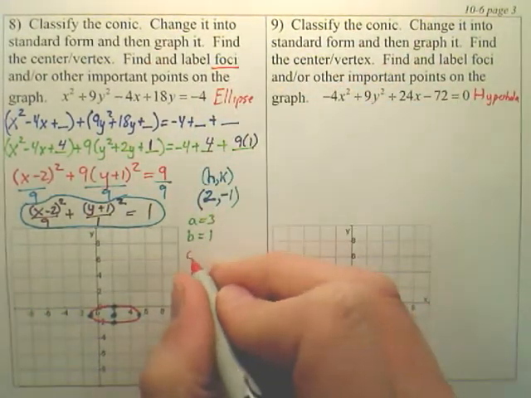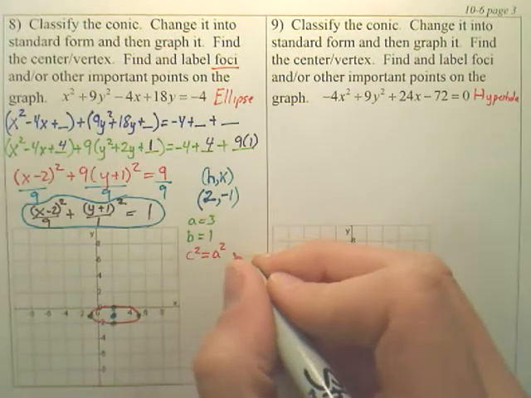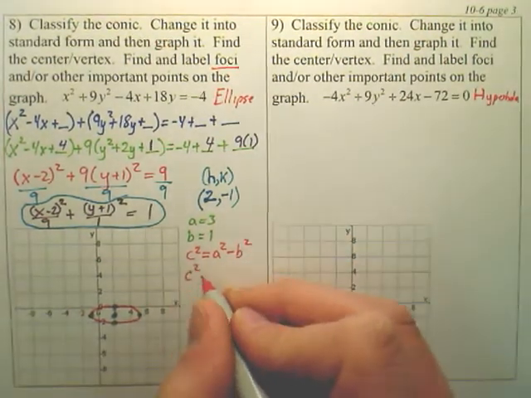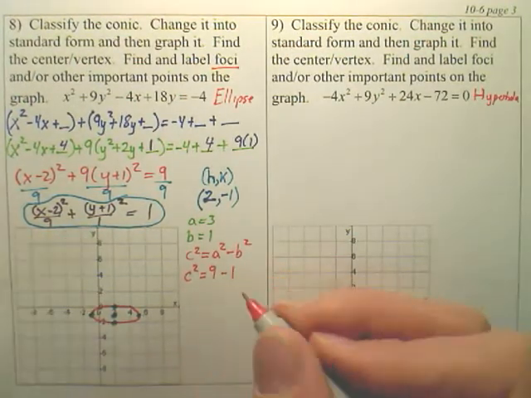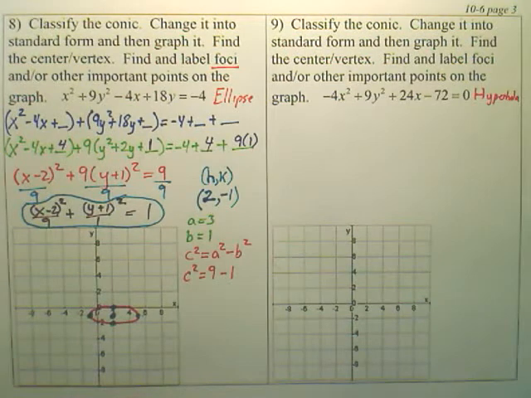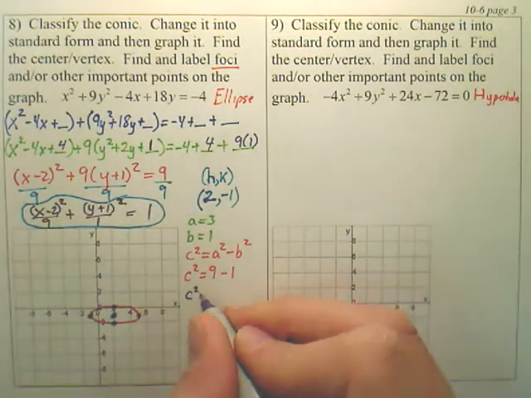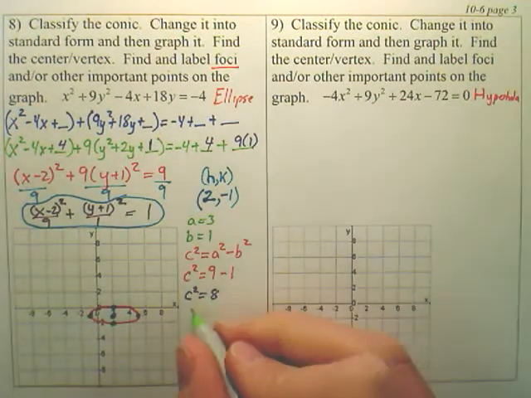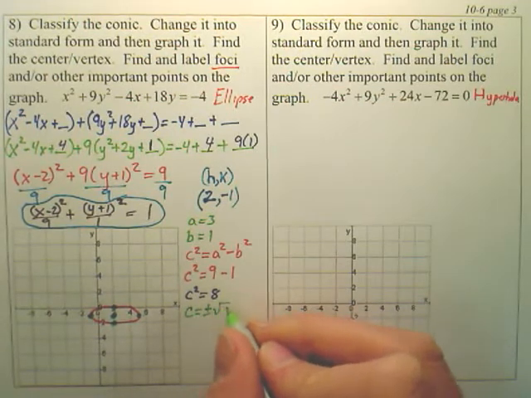And it also asks you for your foci. So to find foci, you know c squared equals a squared minus b squared. So c squared is equal to 9, which is a squared, minus 1. So it looks like c squared is equal to 8, and we square root that. Looks like we get c equals plus or minus the square root of 8.